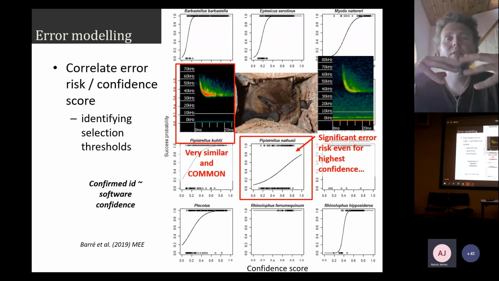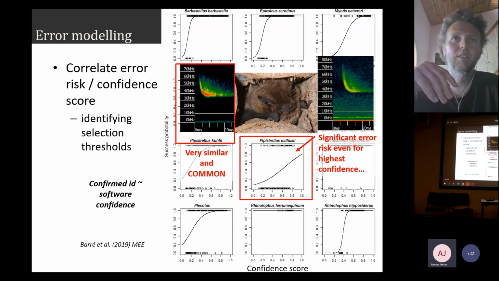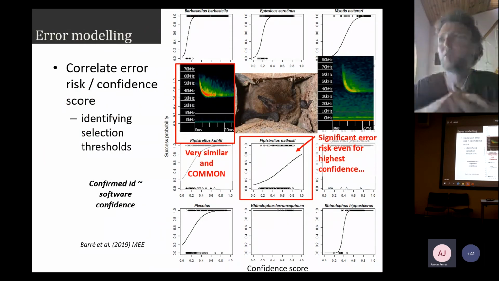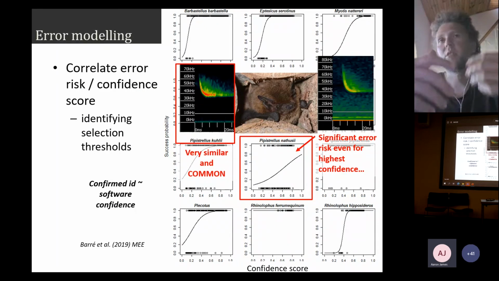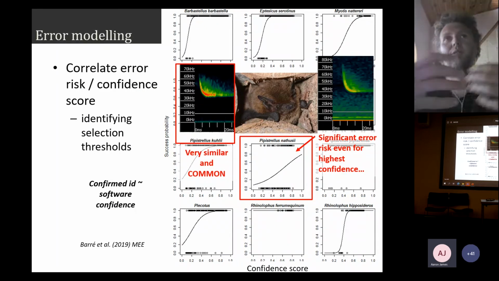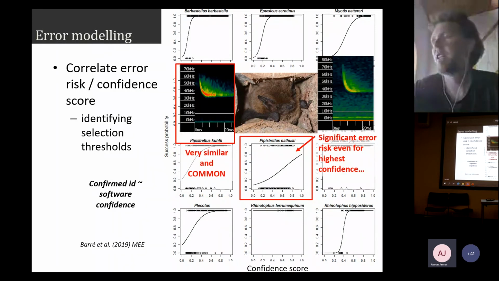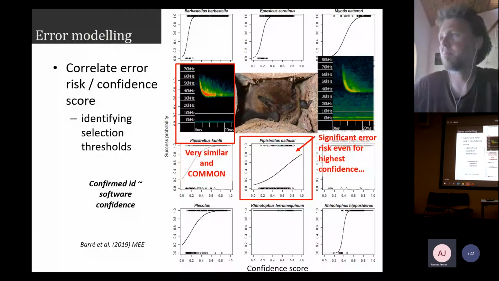This is very important in automatic classification: it works relatively well on common species, but for the rarer ones that are close to commoner species, it is pretty difficult. You need very, very high performance to be able to get good data.